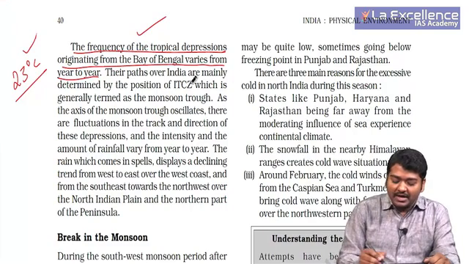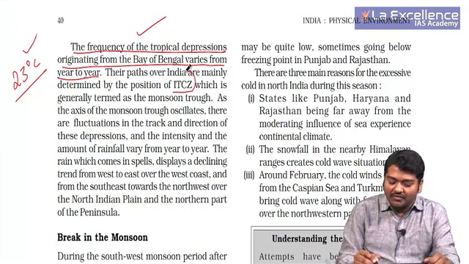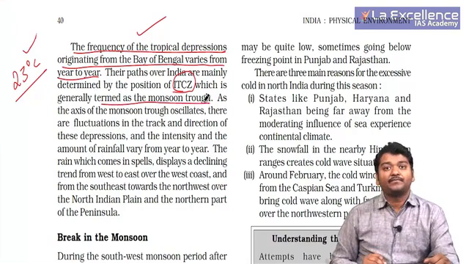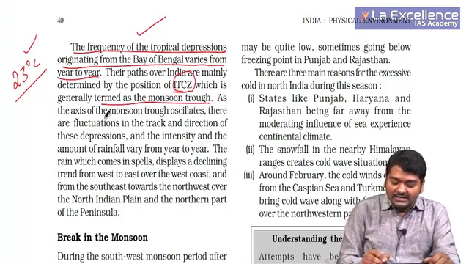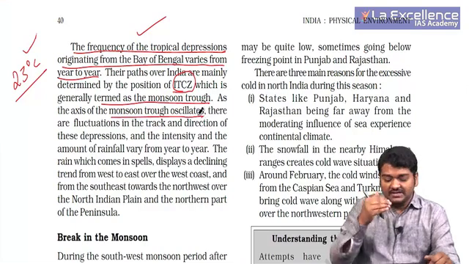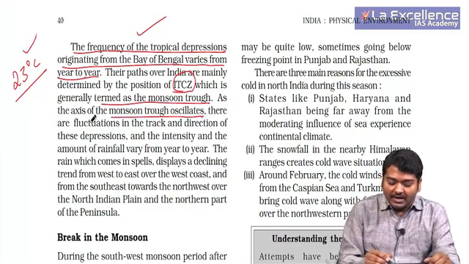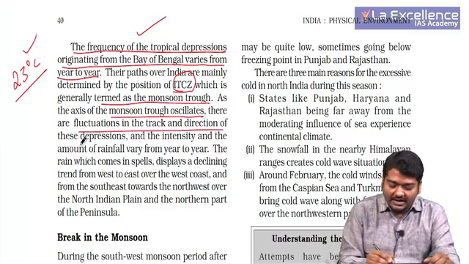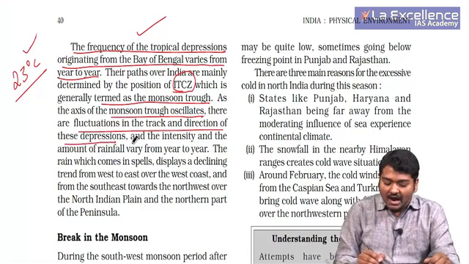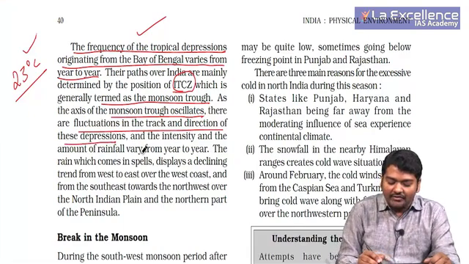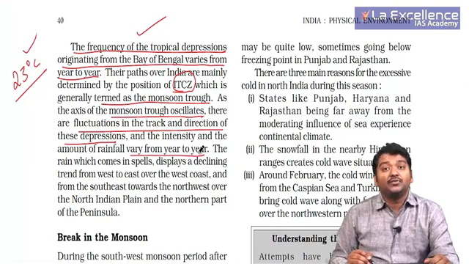Their paths over India are mainly determined by the position of ITCZ, which is generally termed as the monsoon trough, correct? As the axis of the monsoon trough oscillates, that is, if it moves above and below, there are fluctuations in the track and direction of these depressions, and the intensity and the amount of rainfall vary from year to year.